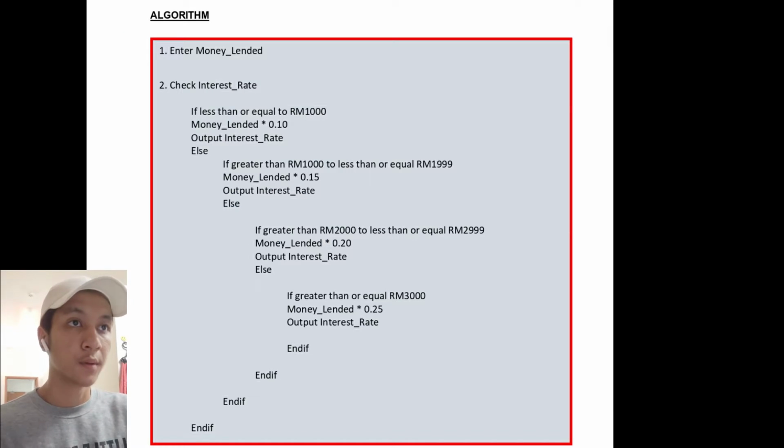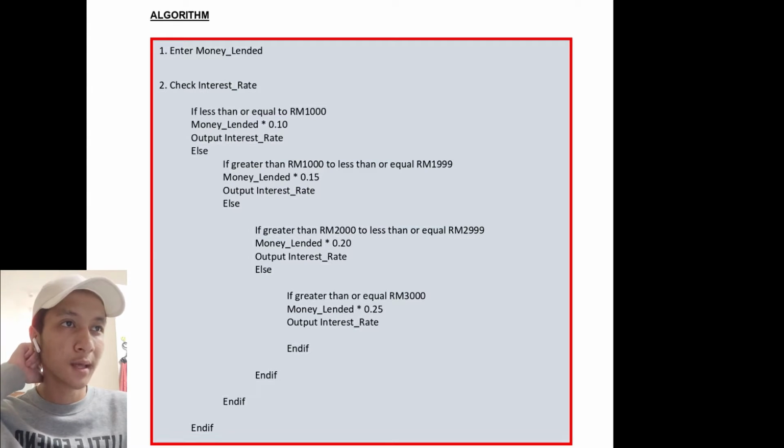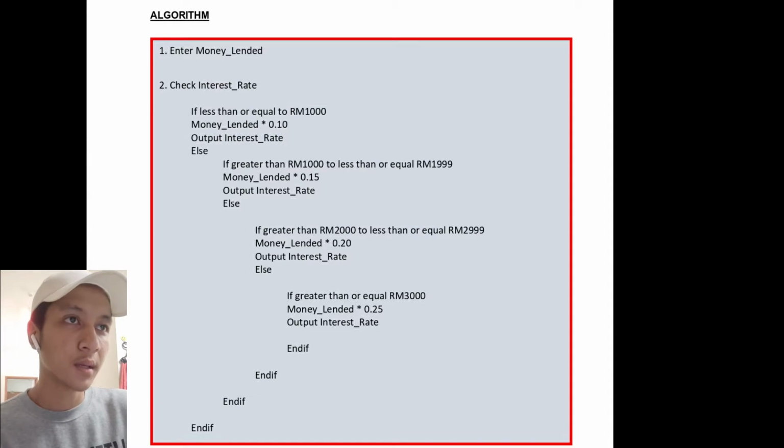And then we make the algorithm. Firstly, enter money lended. Second, check interest rate. If less than or equal to 1,000 ringgit, money lended multiplied by 0.1. The output is interest rate. If greater than 1,000 ringgit to less than or equal to 1,999 ringgit, money lended multiplied by 0.15.